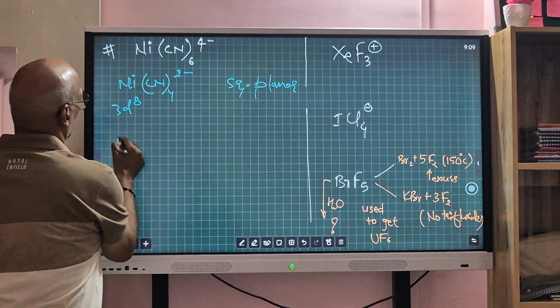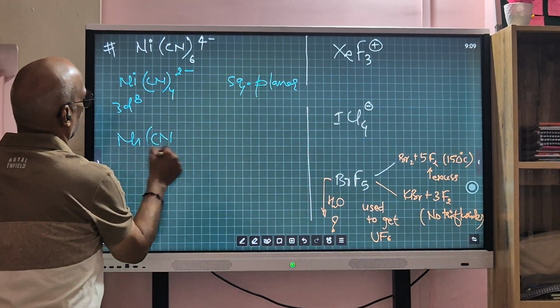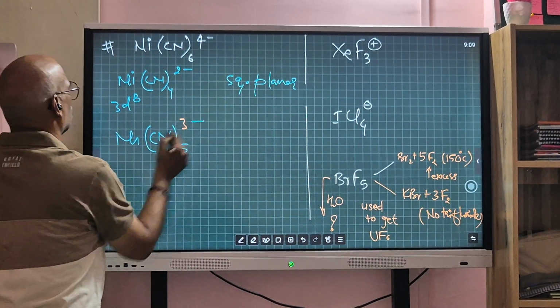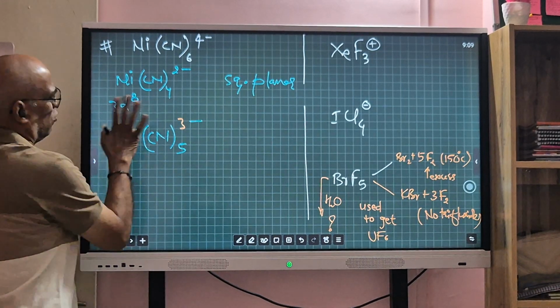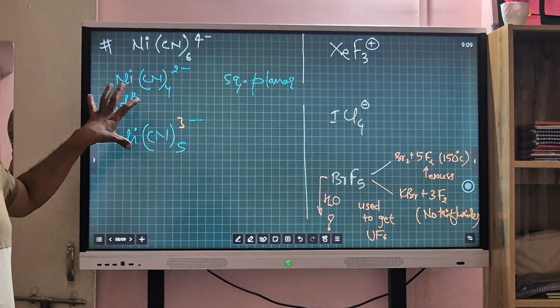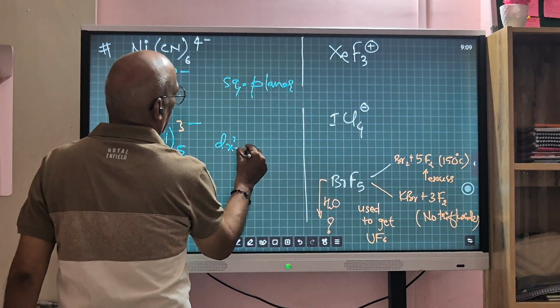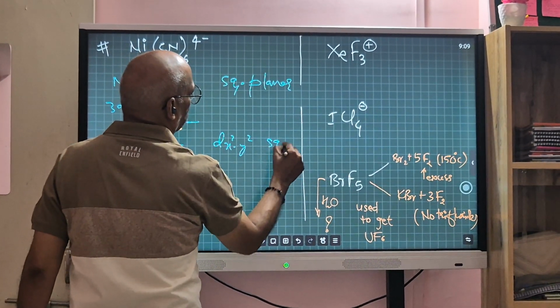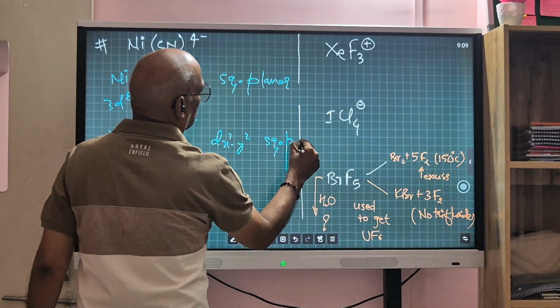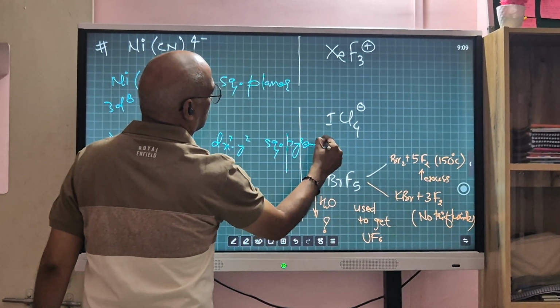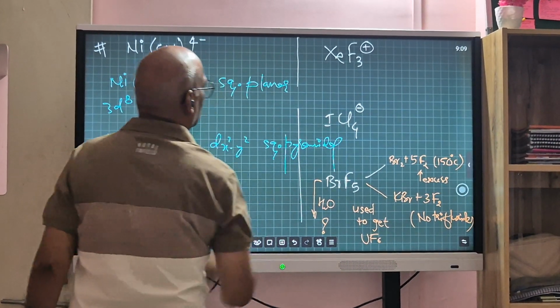Now we will go to Ni(CN)5, 3 minus. It is also given in the resonance sheet. Very good example. It is not TBP because it uses what? d x square minus y square. So it is square pyramidal. Understood?